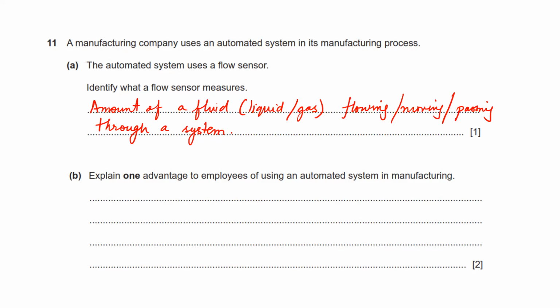Then it says explain one advantage to the employees of using an automated system in manufacturing. It increases productivity.